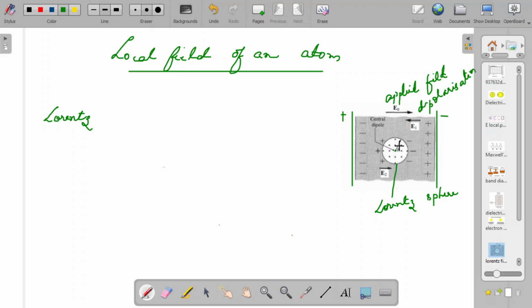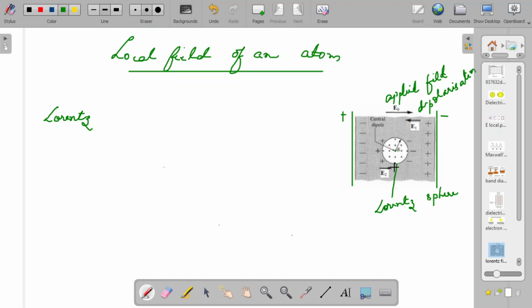So if you look at the sphere, there is a charge separation collected on the surface of the sphere, and because of that an electric field will be experienced on the surface of the sphere, and we call that the Lorentz field, denoted here as E2.